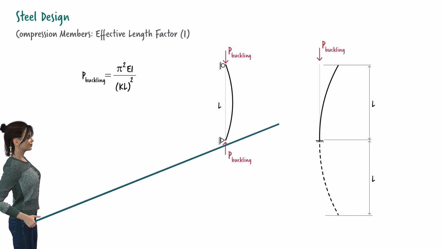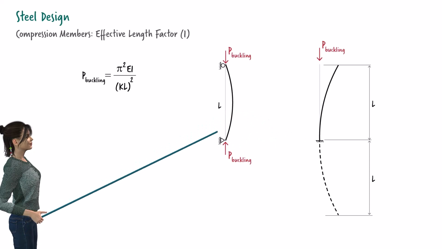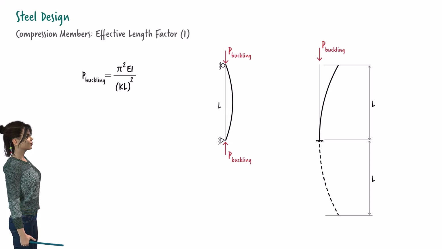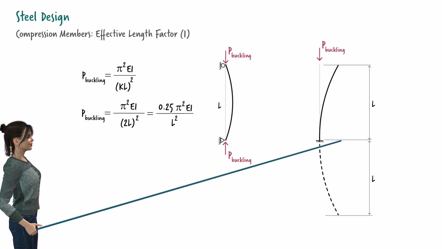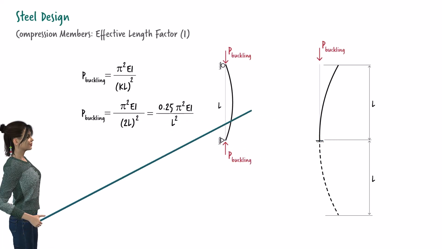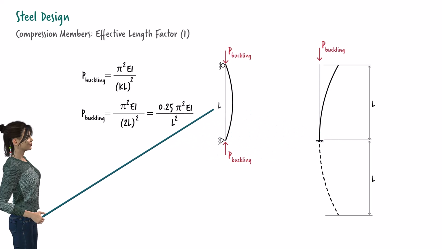Since these two curves have the same curvature and end rotations, we can write the Euler-Buckling equation for the cantilever column using an effective length factor of 2. Why a K of 2? Because this entire length is twice as long as the length of the simply supported column.